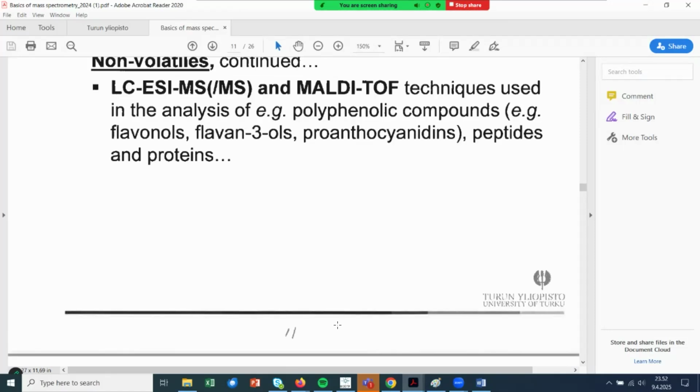For phenolic components, I would say that by far the most common way to analyze these secondary metabolites would be liquid chromatography electrospray ionization mass spectrometry, or sometimes tandem mass spectrometry, MS/MS, if you want to know more about the fragments and fragmentation in there.